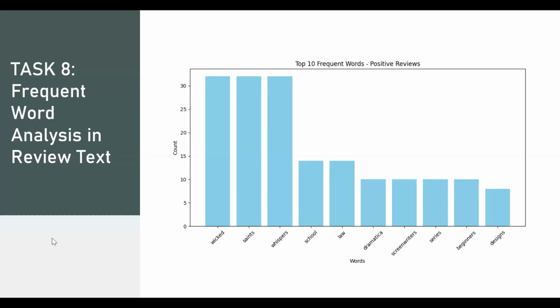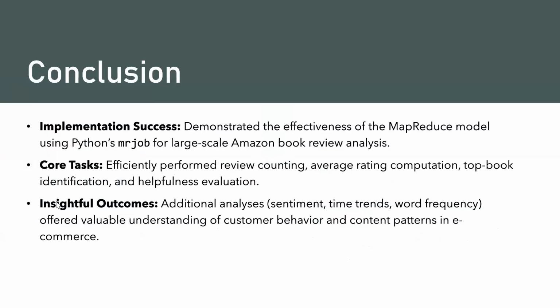Moving on to the next slide. So in conclusion, this project demonstrates the power of the MapReduce programming model in analyzing large-scale Amazon book review data by leveraging distributed computing with the MRJob library in Python.